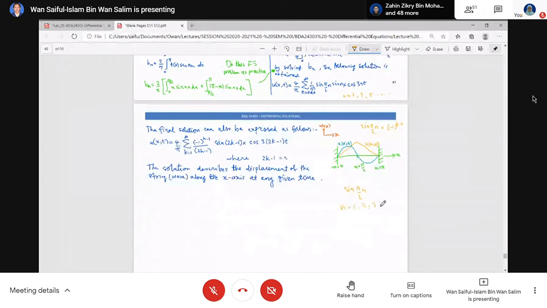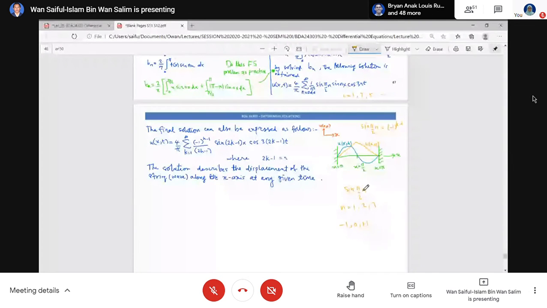So this value becomes, if n is equal to 1, sine pi over 2. Sine pi over 2 is equal to 1. And then if n is equal to 2, this becomes sine pi. Sine pi is equal to 0. And then n equals 3. This becomes sine 3 over 2 times pi, which is minus 1. And then n equals 4.